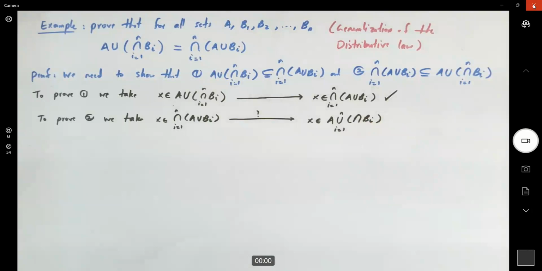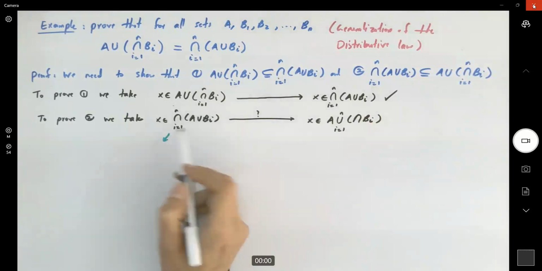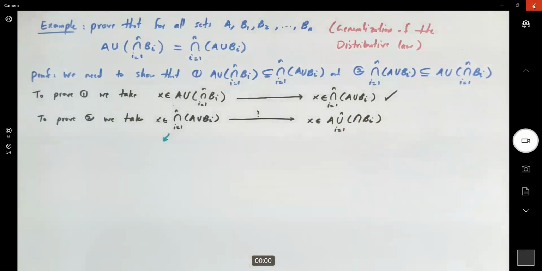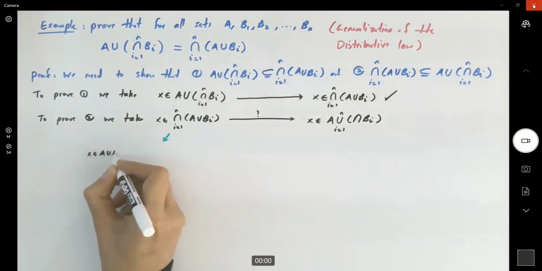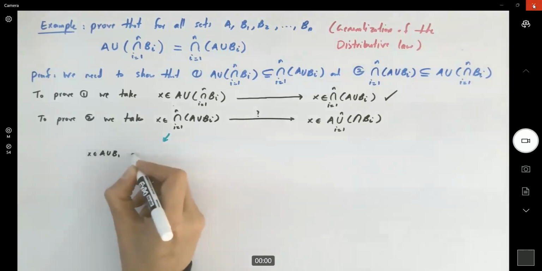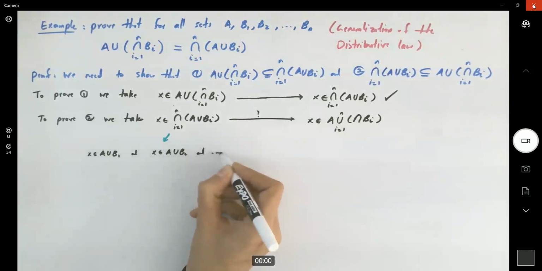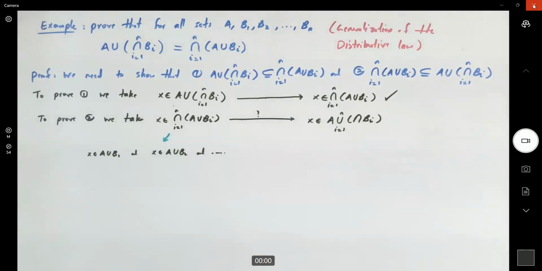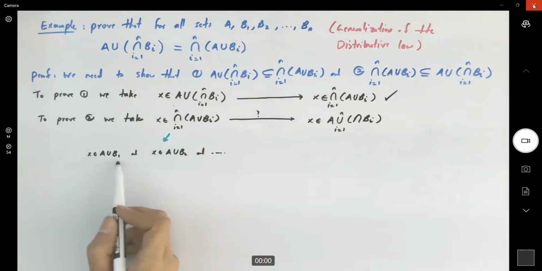So x belongs to the intersection of the unions, all right? What's the meaning of that? It means that x belongs to the first and second and third and so on. So x belongs to A union B1, and x belongs to A union B2, and the rest of it is just definition, right? When x belongs to the union, it means that x belongs to the first set, or it belongs to the second set, or in both of them.